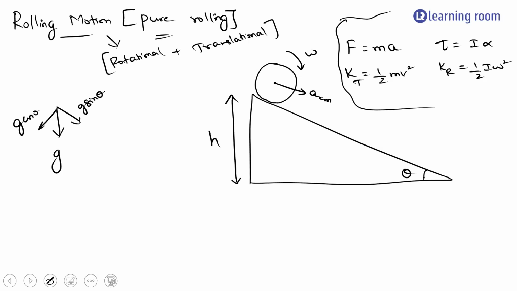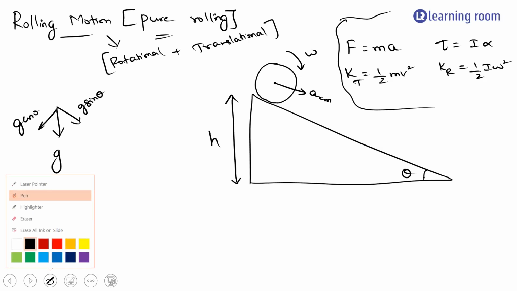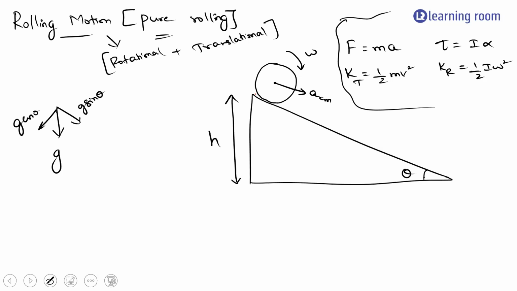So if there is no rotation, there is no concept of rolling. It means I need some other force which is actually causing this rolling to take place, and that force is going to be, observe, the frictional force. So this frictional force is the one which is actually putting the object into rotation.